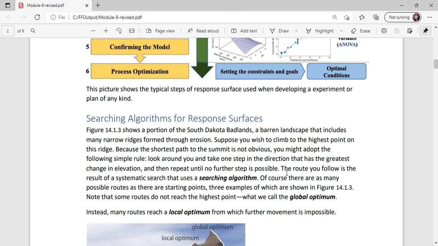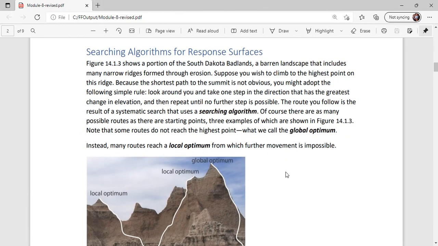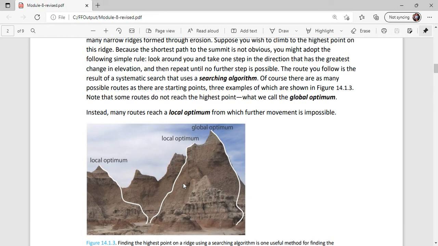Then you route yourself, if there is a systematic search, that uses your searching algorithm. Of course there are many possible routes and there are many starting points. Three examples are shown here in our figure. And instead you may reach a local optimum, okay, from which further movement is not possible.